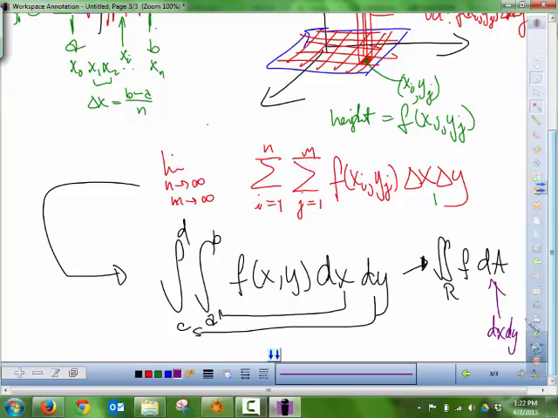And I keep saying dx and dy, but realistically, it could be dy and dx, and it depends on how things are broken up. We'll see later on that your domain is going to play a big part in how you're going to be able to set up your integral.